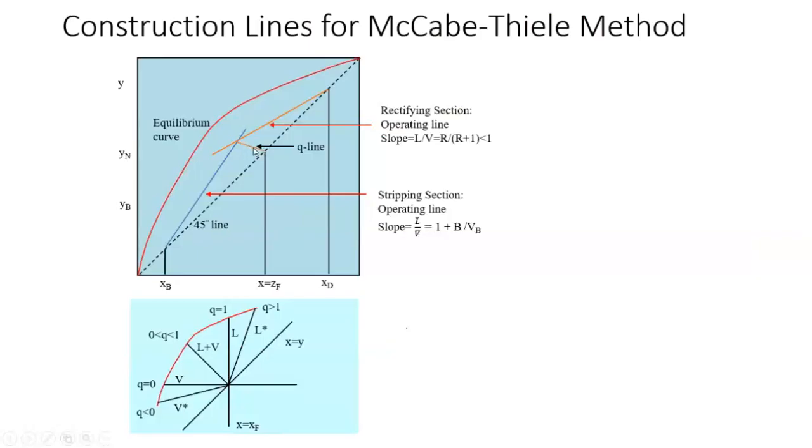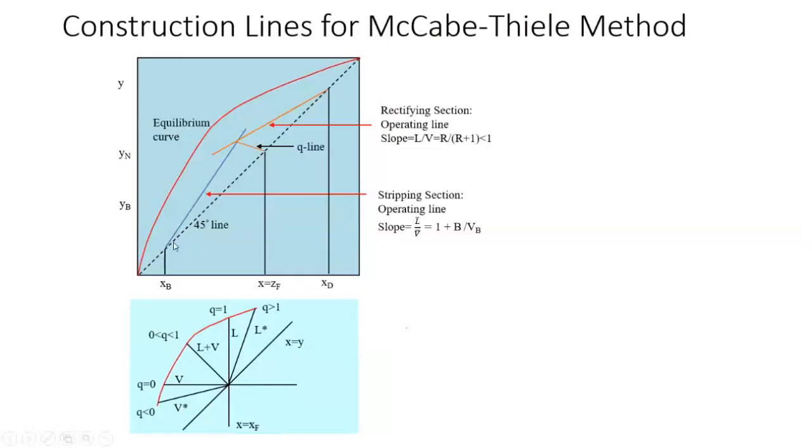Now, based on these feed conditions, if we draw the q line or feed line starting from this point, this q line or feed line will be intersecting with the operating line for the rectification section. This point of intersection will be lying on the feed tray, and the stripping line will be ending there, so we already got another point on the stripping operating line.